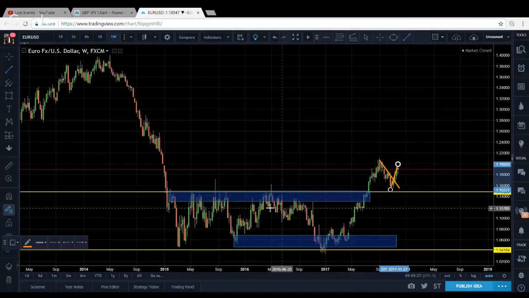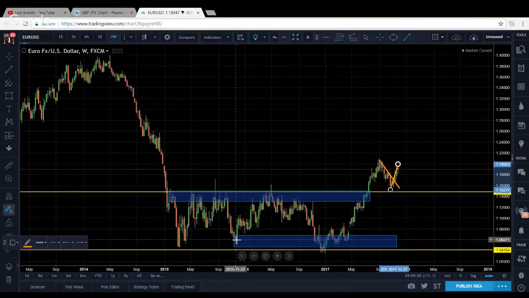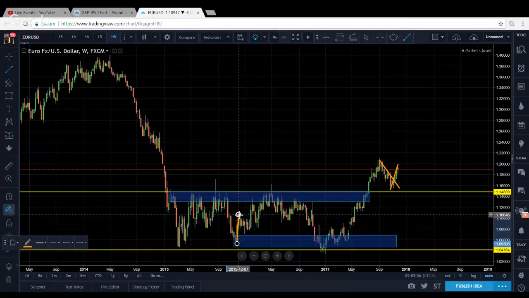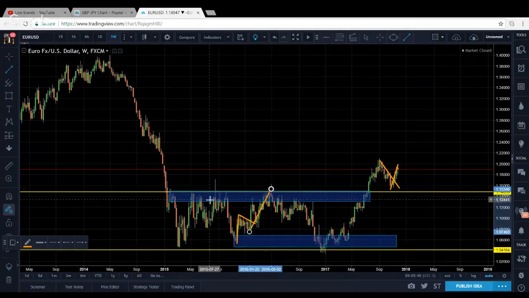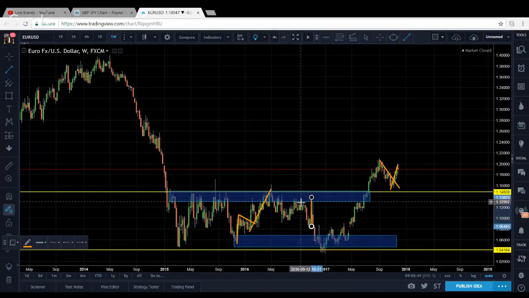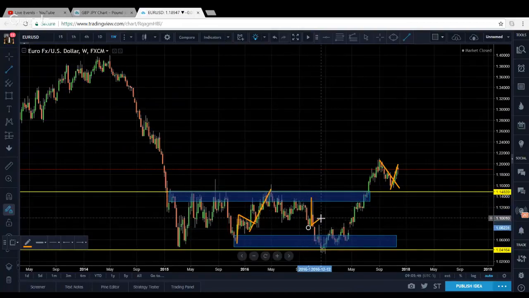So just understanding your supply and demand zones and understanding your flag formations, it's going to make trading a lot easier for you. So again, you got an impulse, flag, then continuation, right? Same thing down. You got an impulse, flag, and then continuation.